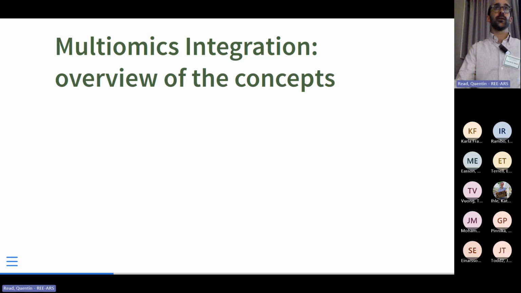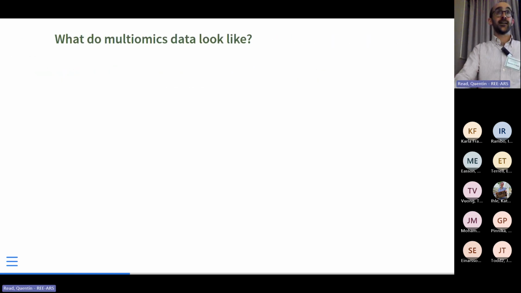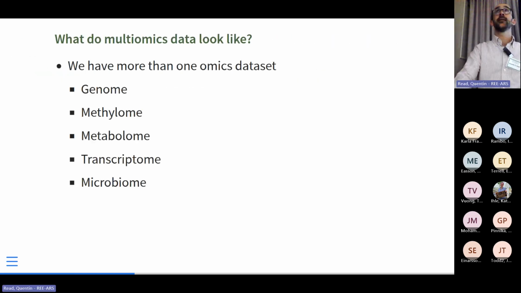So let's talk about what integrating data from multiple omics is and how we might go about doing that. What do these data look like? We call it multi-omics if we have more than one omics data set taken from the same samples or the same individuals.